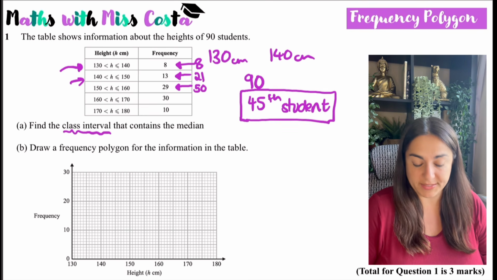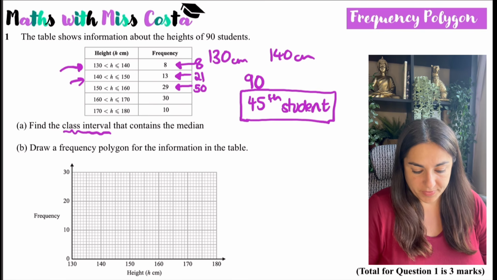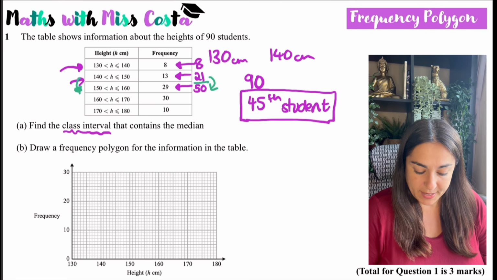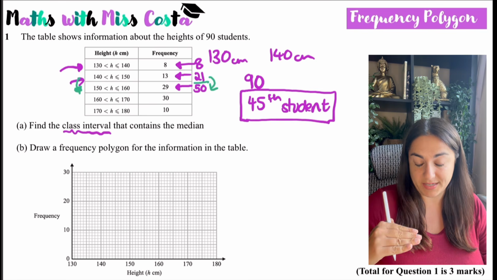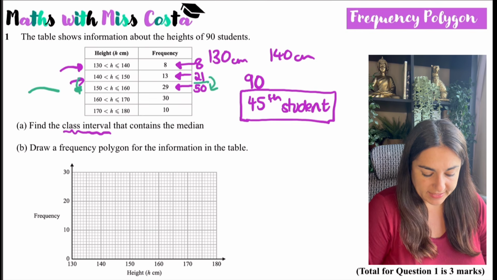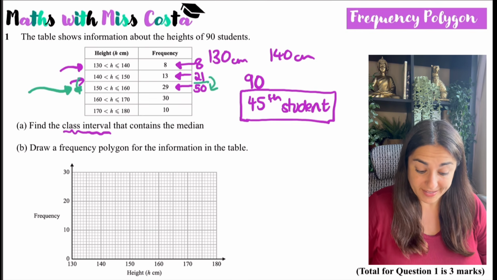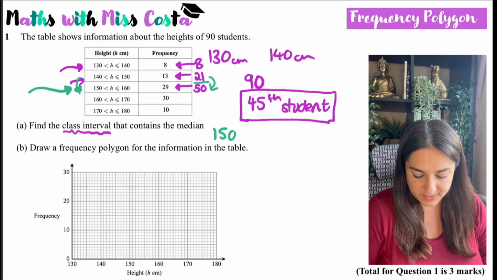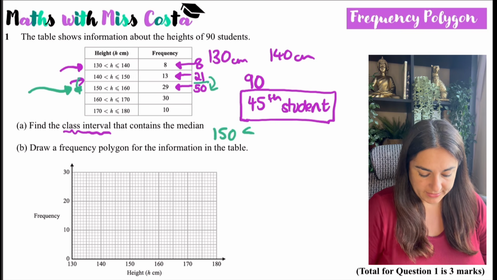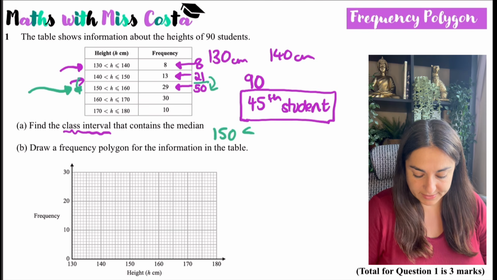Now 45 is going to be higher than 21, so it's going to need to be in this class interval, because up to 21 students are up to a height of 150 centimeters, but below 50 is where the 45th student is. So the 45th student's height must be between 150 and 160. So we just write out the class interval as it is.